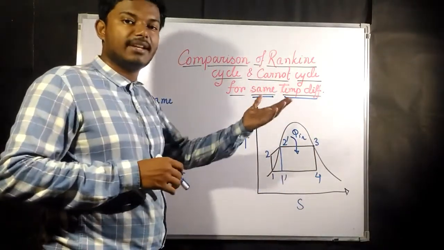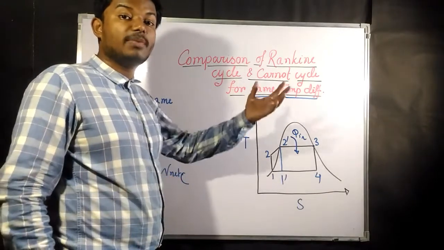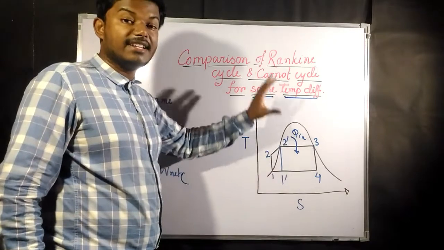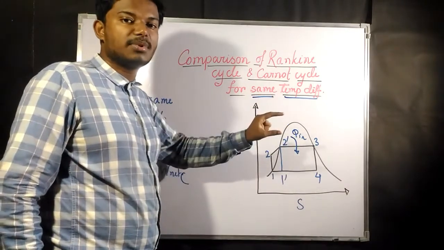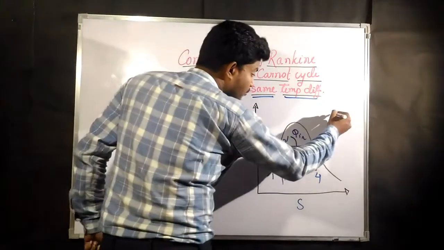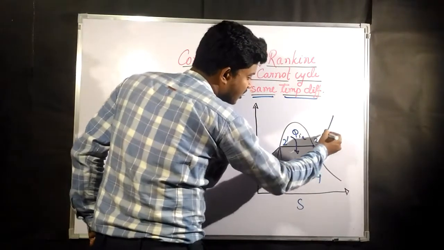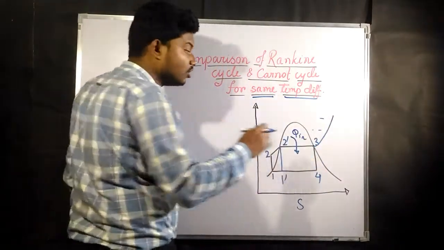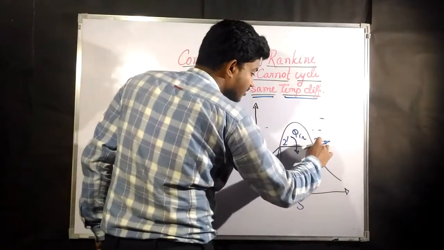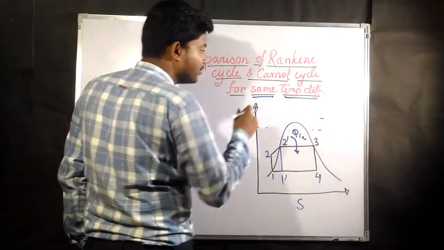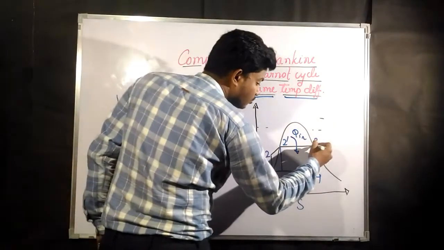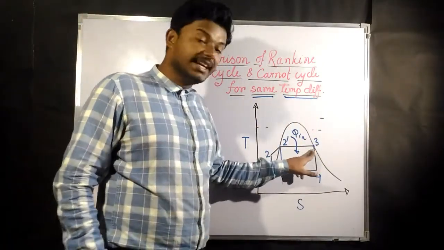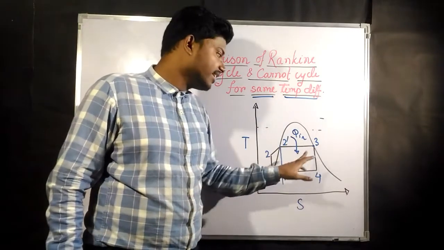We cannot superheat it, because we all know that heat addition in the Rankine cycle takes place at constant pressure. If you follow the path of constant pressure, it will automatically increase the temperature. So for the same maximum temperature, this is going to be the end of heat addition in the Rankine cycle.